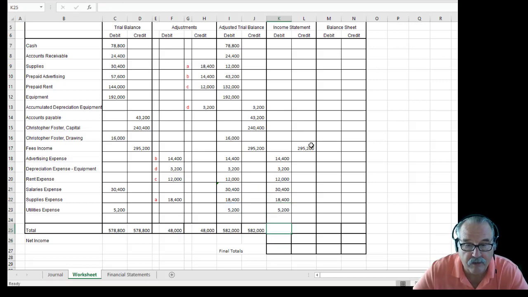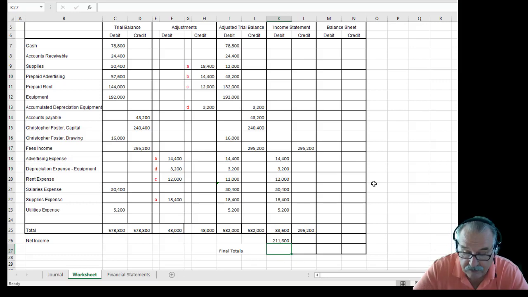So when I total up the expenses in the worksheet, I get total expenses of $83,600. I only had one revenue account, $295,200.